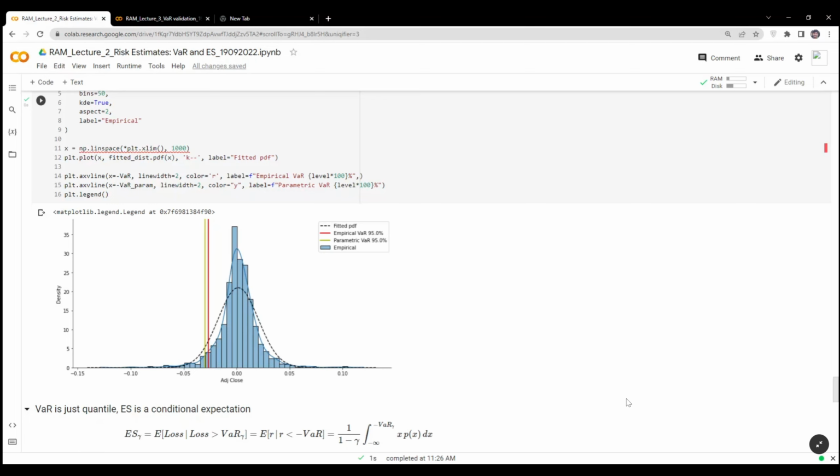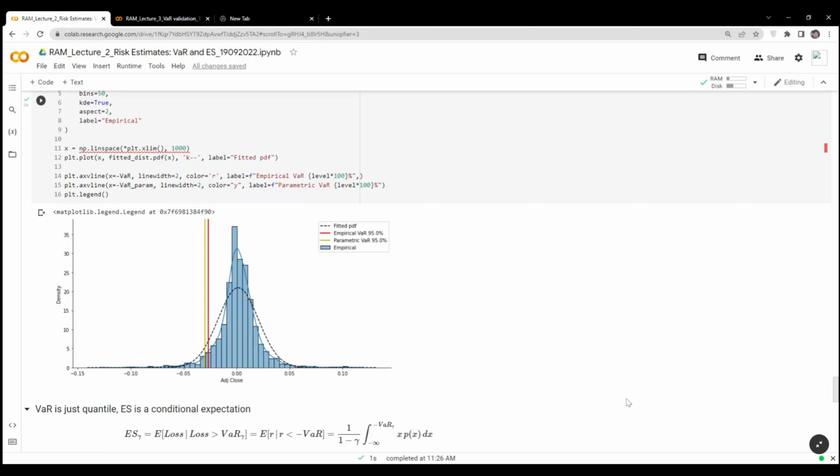If you put an additional observation on the left, so you put another extreme observation, it will tell us that now the probability mass on the left tail is higher, and probably that means that value at risk should shift to the left, so to the greater values, okay?